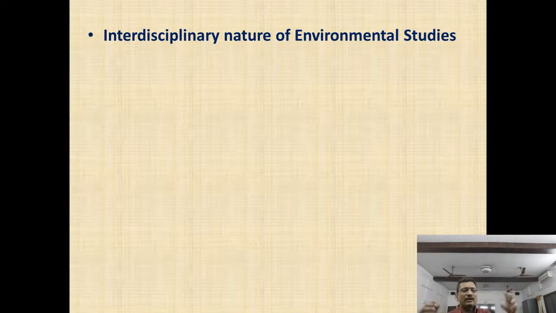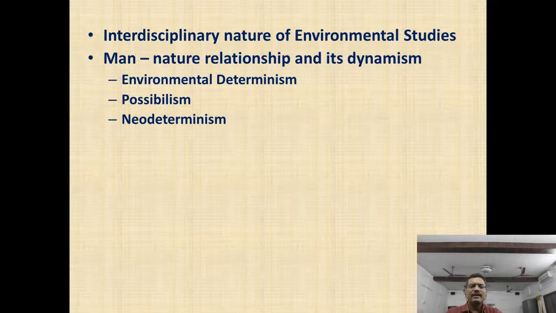And that's why all the interactions or integration of all these sciences in studying the environment is being done by environmental studies, and from that particular point of view, environmental studies is interdisciplinary in nature.